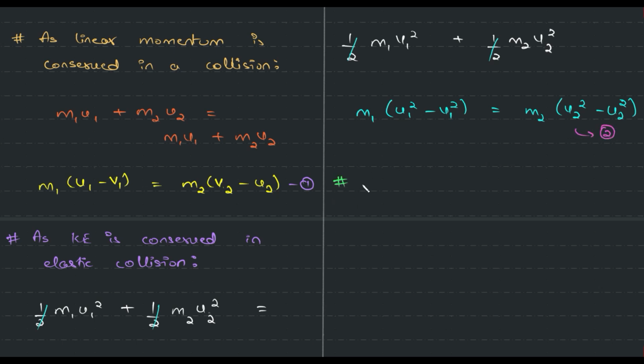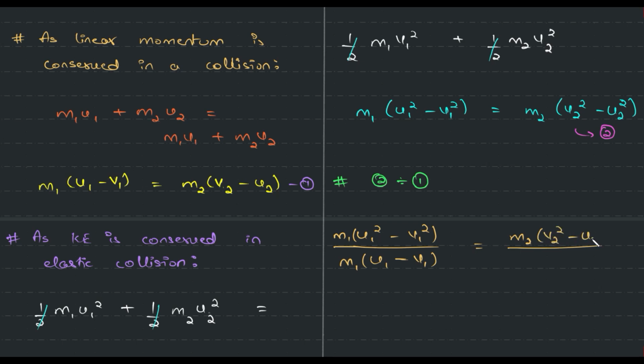So if I take 2 divided by 1, we have m1 getting cancelled, and you end up with m1 (u1 square minus v1 square) divided by m1 (u1 minus v1) is equal to m2 (v2 square minus u2 square) divided by m2 (v2 minus u2).